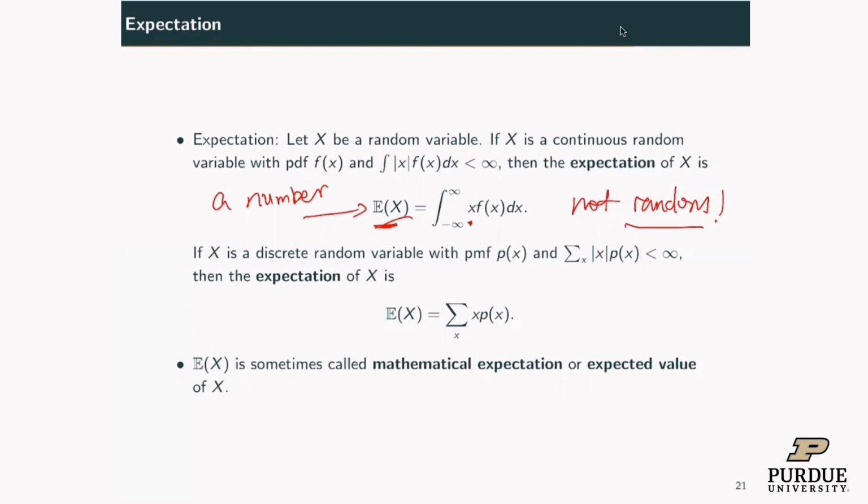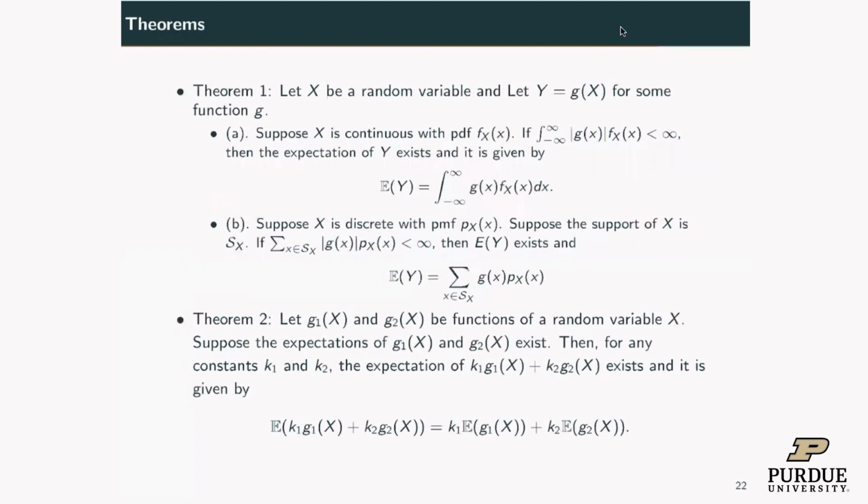Similarly, if x is a discrete random variable with PMF p_x, you can calculate the expectation of x. So it's a sum of x p_x. Expectation is sometimes called mathematical expectation or expected value of x. We can talk about the expectation of a transformation. For example, let x be a random variable.